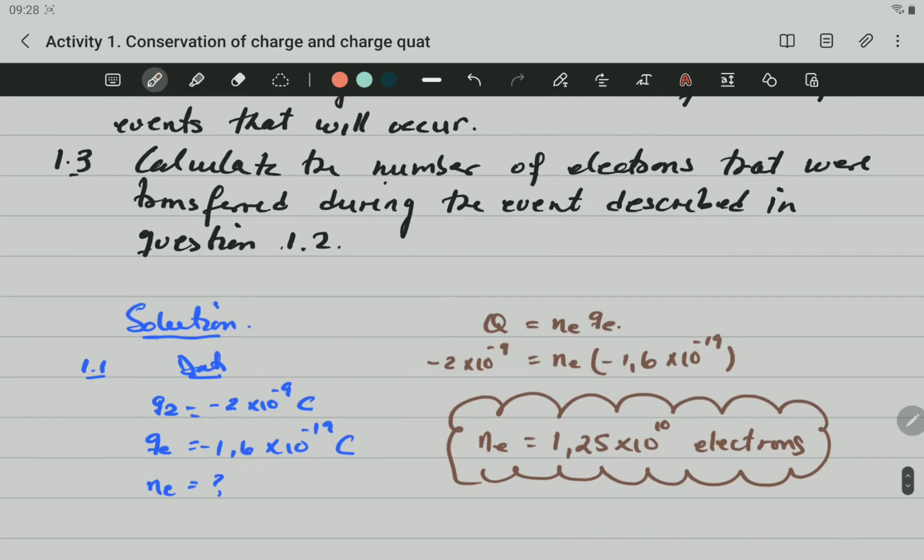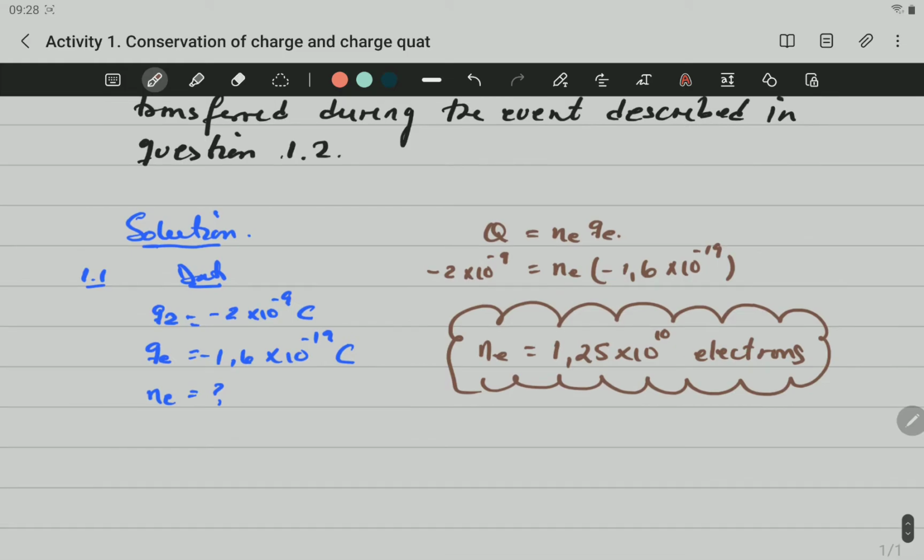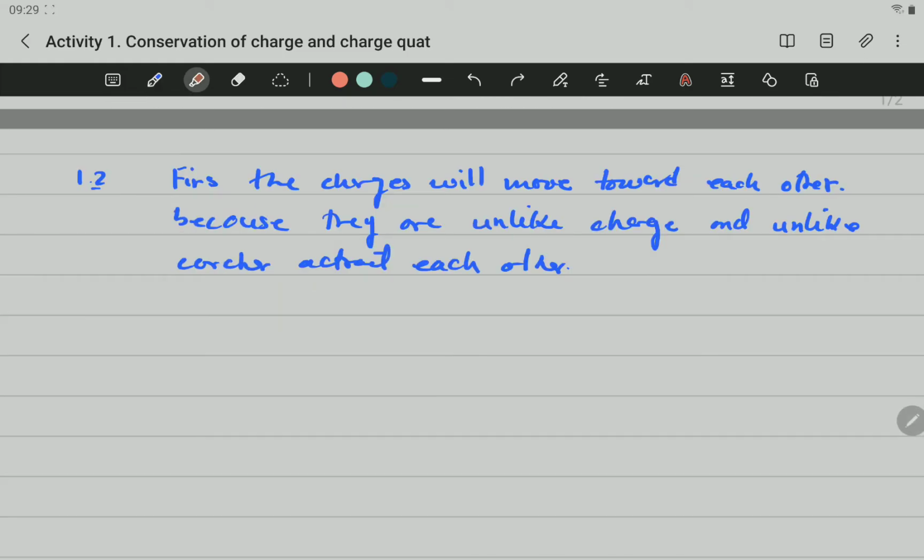So let's go down to question 1.2. What is first going to happen? First, the charges will move toward each other.